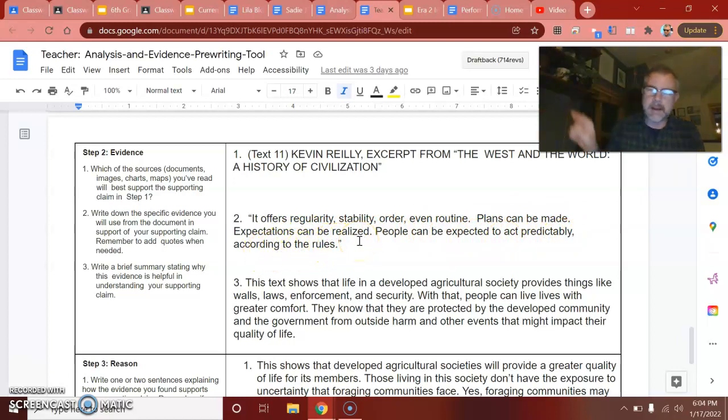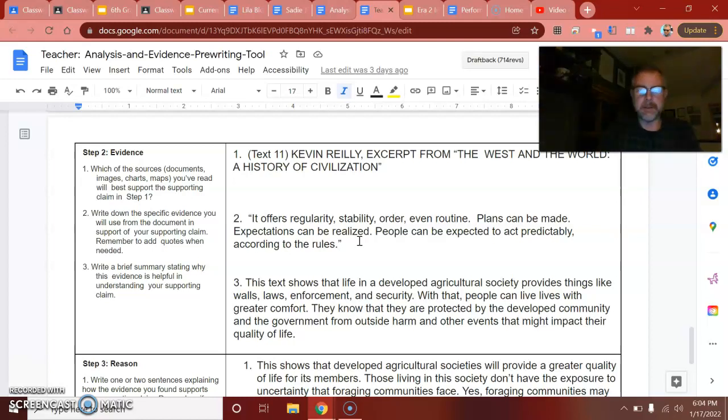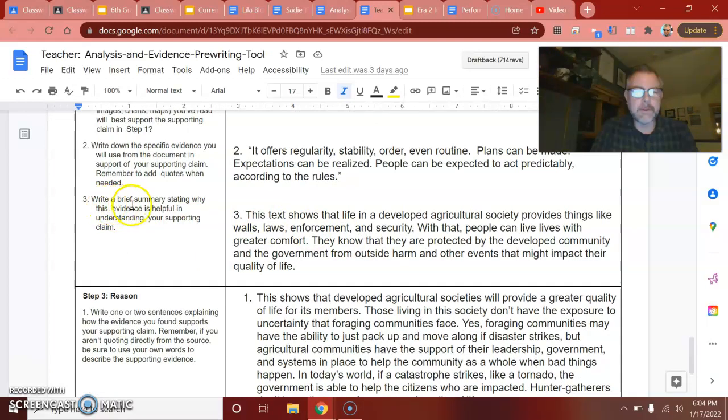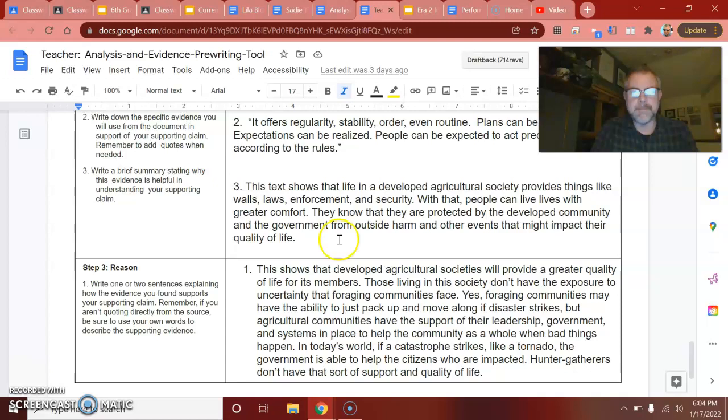I'm going to write my paragraph and I'm going to use that text to support why agricultural societies are better than foraging societies. And so, first I want to write a little summary stating why it's helpful in understanding my supporting claim, and I just wrote a couple sentences here to explain that. The text shows that life in a developed agriculture society provides things like walls, laws, enforcement, security.